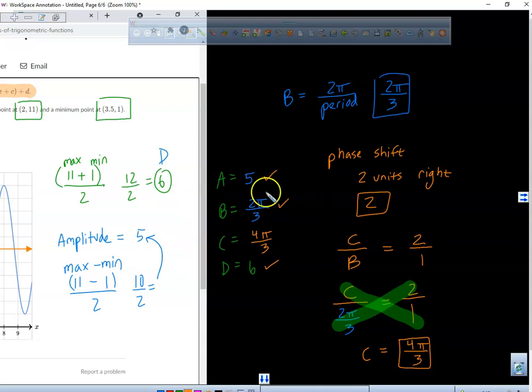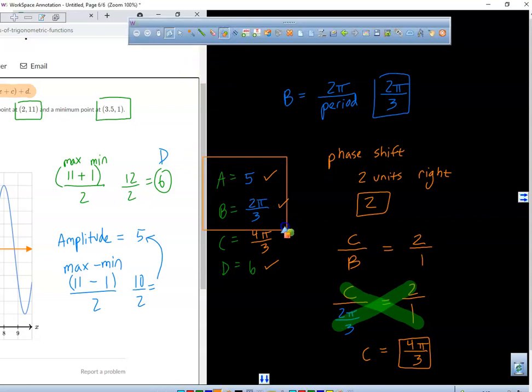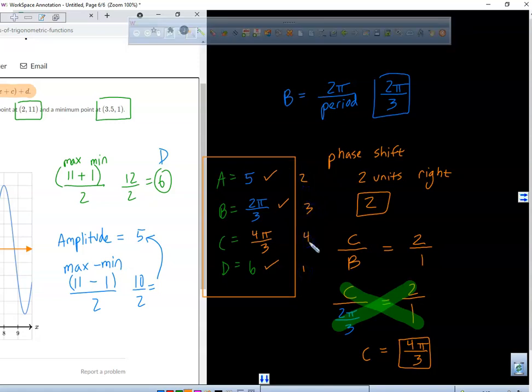Now we're going to bring it all together. All right? Trust me, it goes a lot faster when you're not teaching it. Like when I'm doing it, it just goes so much faster. But you need to know the process. All right? So maybe instead of putting check marks, maybe I should put like that's 1, that's 2, that's 3, that's 4. Like that's the order that I find them before I put it all together.